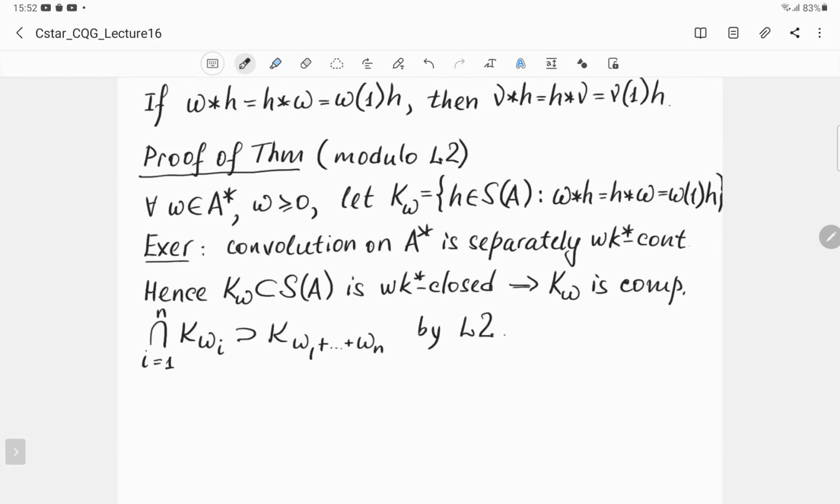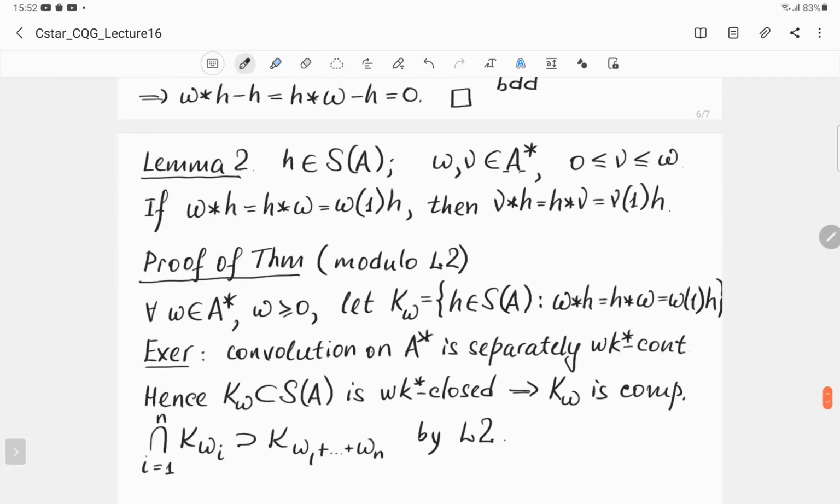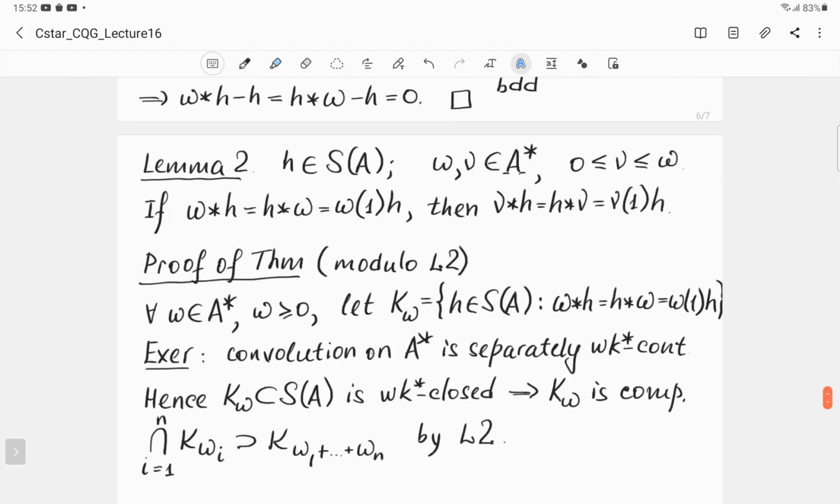Indeed, if we denote by omega this sum, this is a positive functional, then of course omega dominates each omega i, and if we apply this lemma to omega i and omega, then we see that if this formula holds for omega, that is for the sum of omega 1 up to omega n, then the same formula holds for each omega i.